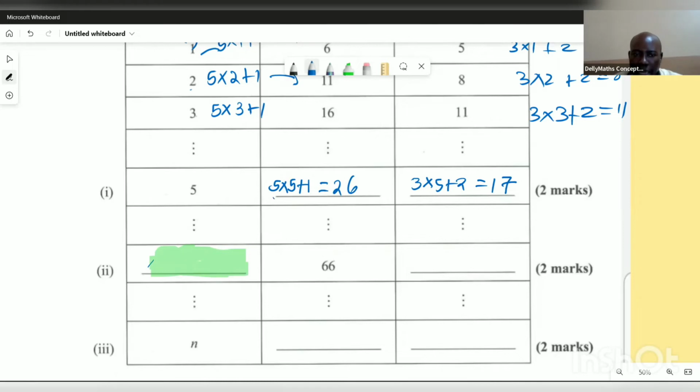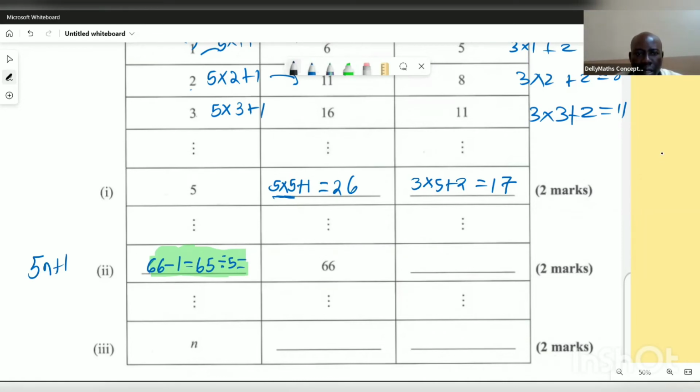We were multiplying by 5 and adding 1. So what we're going to do to find this missing thing here, we're going to go backwards. So we're going to subtract 1 from the 66, and that's going to give us 65. And then we're going to divide it by 5. So we're reversing this idea, 5n plus 1. We're going backwards. So we subtract 1, then divide by 5, and it's going to land us 13.